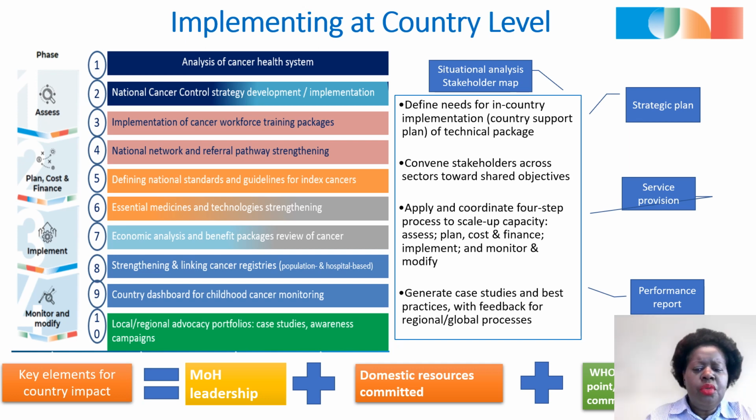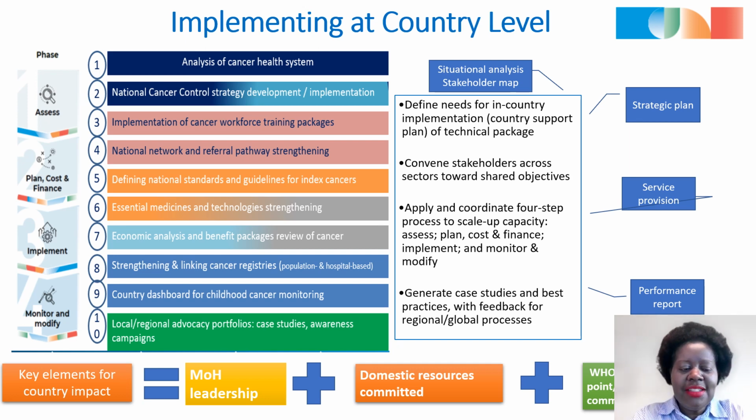On the country level, we have what are known as the core programs, the core priorities of the GICC, and these are 10. Countries, the focus countries, sat around the table to determine which priority projects they want to undertake. Most of the countries in our region had National Cancer Control Strategic Development and Implementation. They also put in defining national standards and guidelines for index cancers.